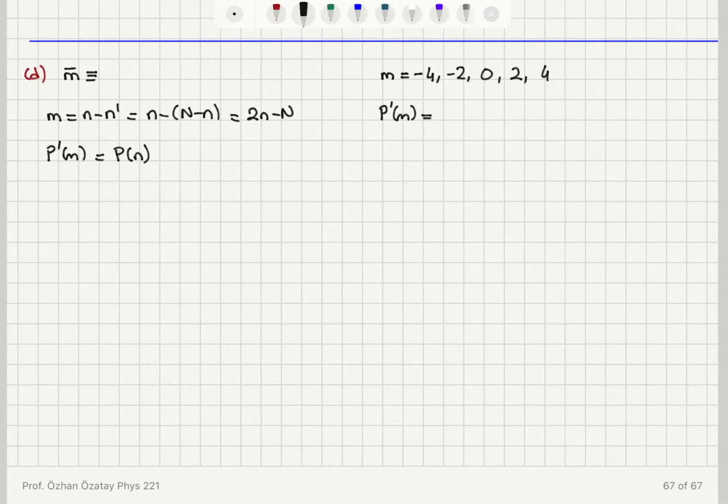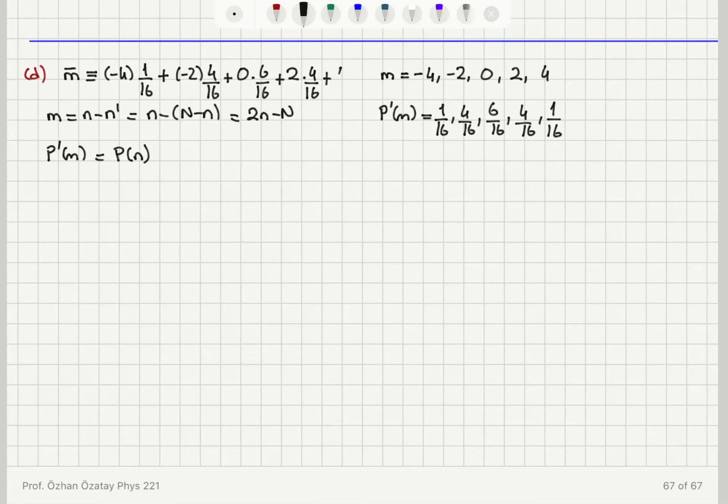So the probabilities for m values are 1/16, 4/16, 6/16, 4/16, and 1/16. The average value of m will be -4 times 1/16 plus -2 times 4/16 plus 0 times 6/16, plus 2 times 4/16, plus 4 times 1/16.